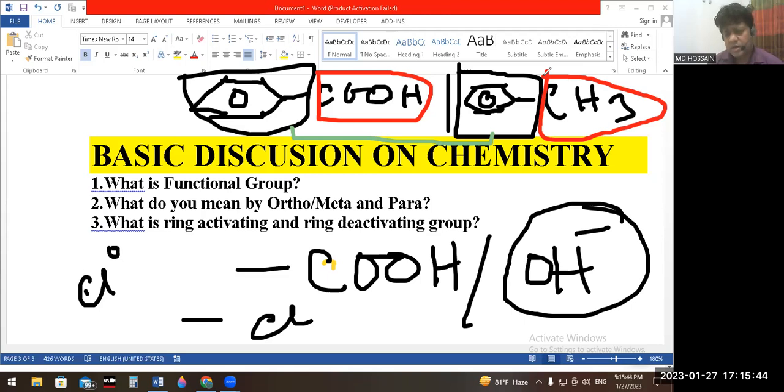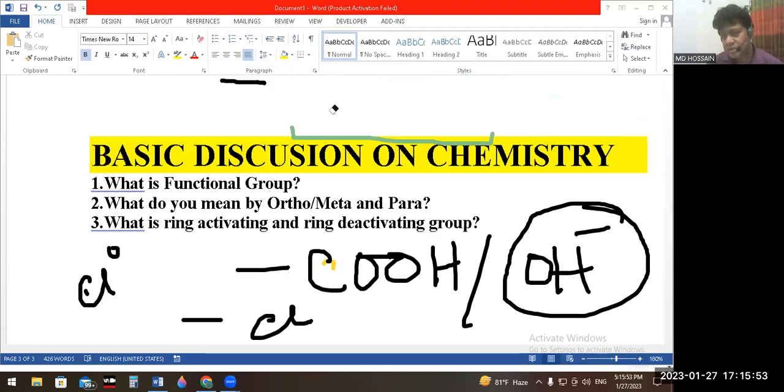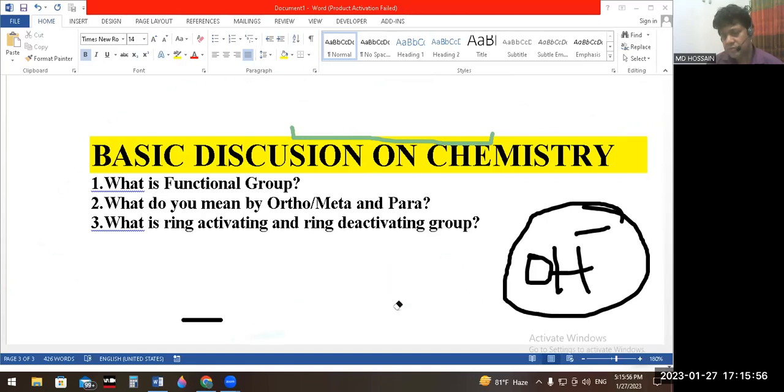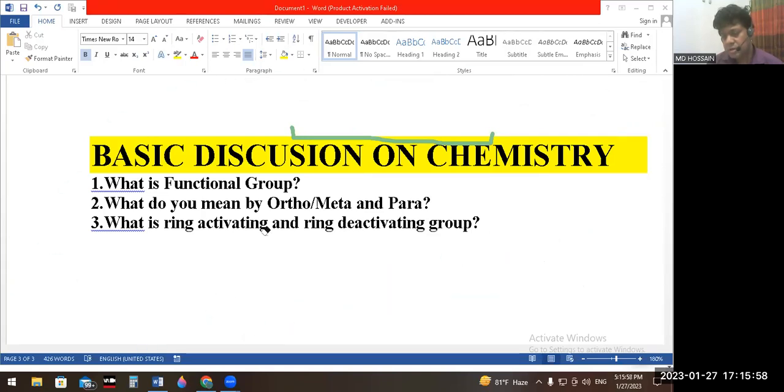Now, the second question: what do you mean by ortho, para and meta? Actually, in the benzene ring, there are a few positions in which the incoming group can easily enter into the ring, and there are some positions in which the incoming group cannot easily enter, but it depends on the chemical properties of that species.